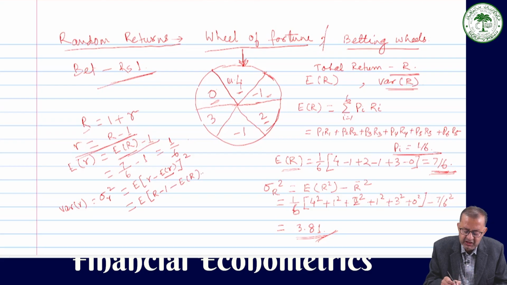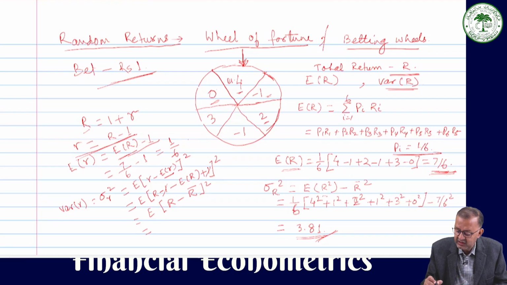This minus and minus will become plus, so this 1 will get cancelled out. So, this is expected value of R minus R bar square.